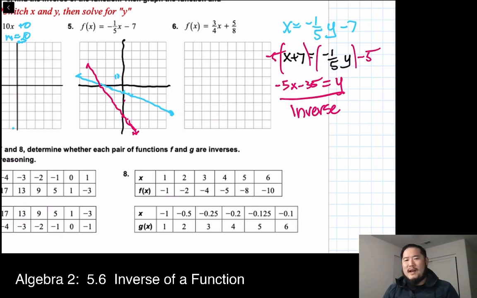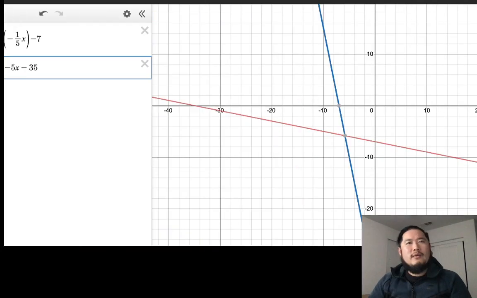Having done this by hand, I've noticed that my graph doesn't look very good. I think probably a lot of it's because of the spacing and the intervals that I have here. So let's check this out. I went ahead right here and graphed this using Desmos, and it looks a whole lot better. You can see that this is where they intersect, not way up by the x-axis. And then you're saying, well, how?